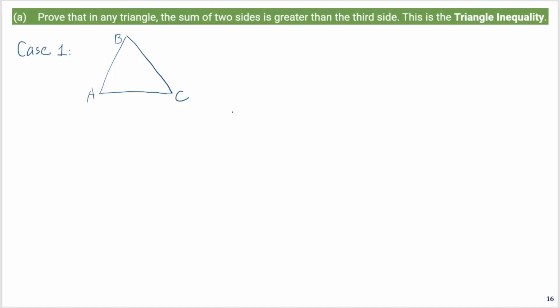Well, suppose triangle ABC is acute. We could draw altitude BD, forming two right triangles. Then we have AB is greater than AD, right?